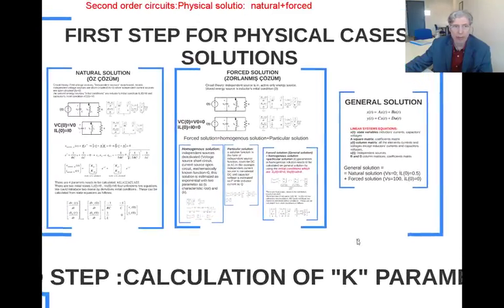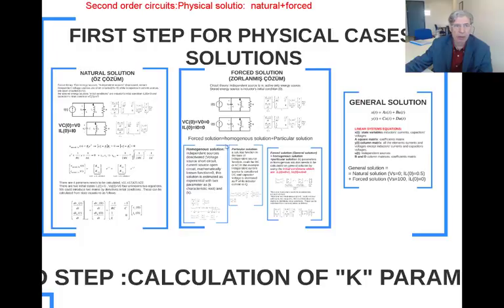First, natural solution. In Turkish it is öz çözüm. Initial conditions are in. Independent source removed. Find the solution.